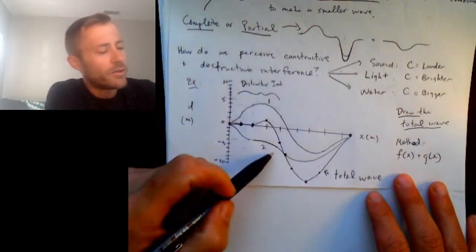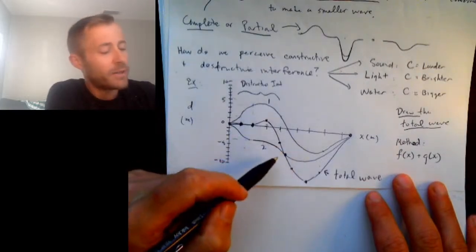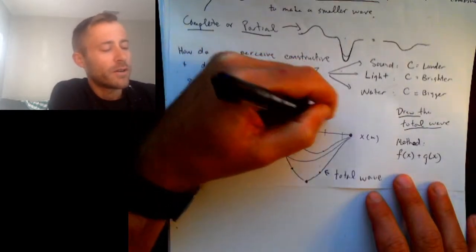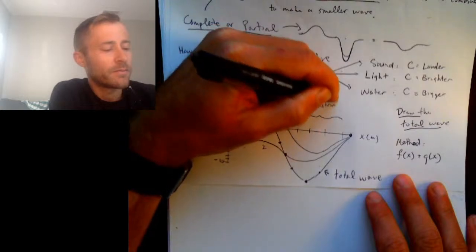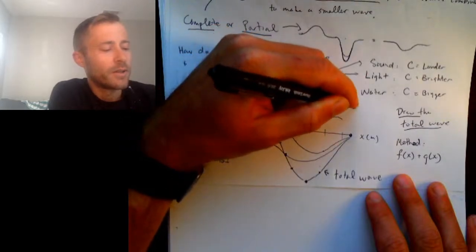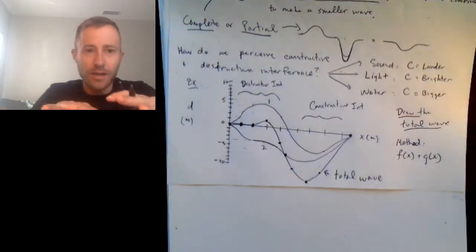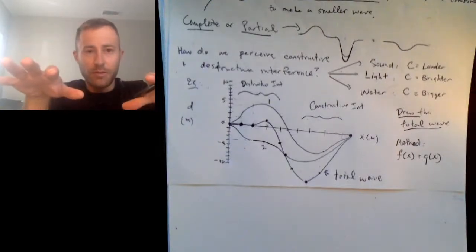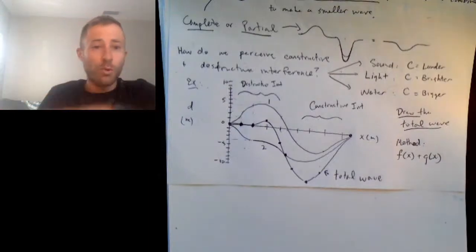On the other side of the graph, we can see that both waves are negative. So they are combining to make a bigger wave. So over here, we have constructive interference. Even though they're both separate waves, two waves don't have either constructive or destructive.